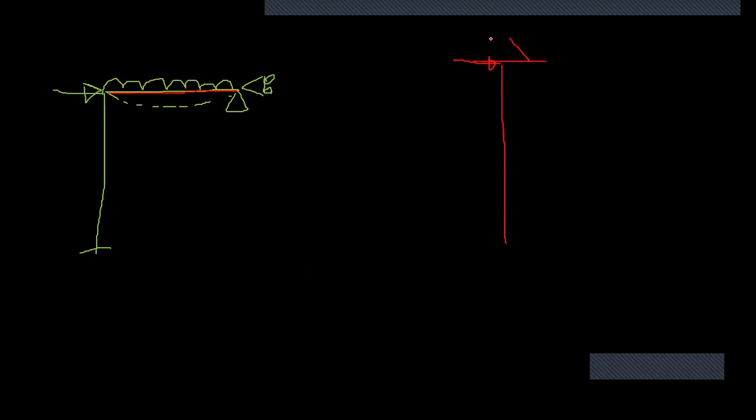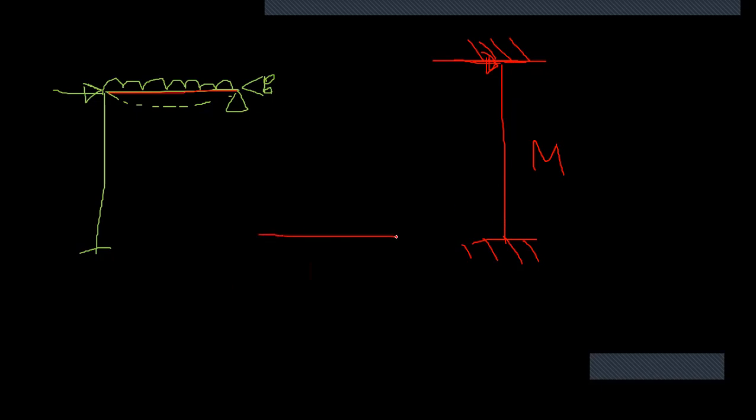Fixed end moments are what happens if you fix the ends and apply the loading. If you fix the end and apply this kind of loading, it's not going to give any bending moment. It's just the support takes the whole load, right? The beam does not take any load.